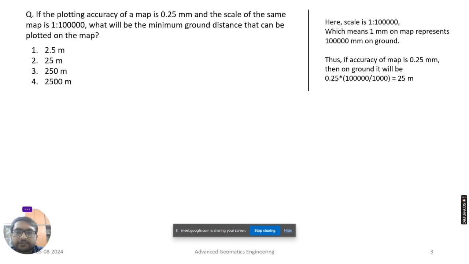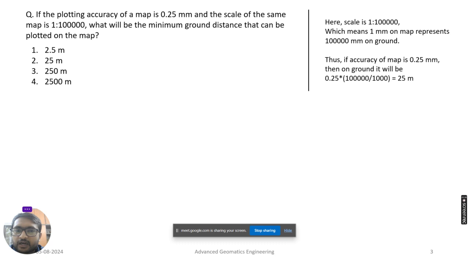The accuracy given to us is 0.25 mm. To get the equivalent ground units, we have to multiply it with the scale. So we take 0.25 mm to ground units and then convert that into meters by dividing by 1000. Our answer will come as 25 meters.